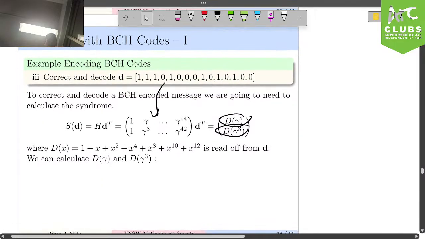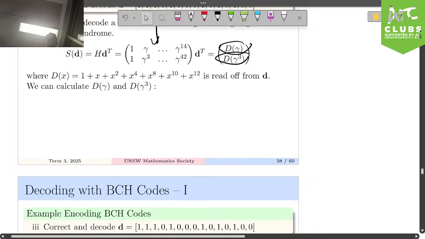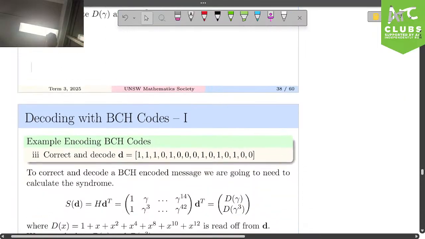It turns out if you do this, this corresponds to x to the 1, x squared, x cubed, and so on. You get this d of x polynomial. And you can calculate d of gamma and d of gamma cubed, right? We can just expand d of gamma because we have every power of gamma in terms of alphas.